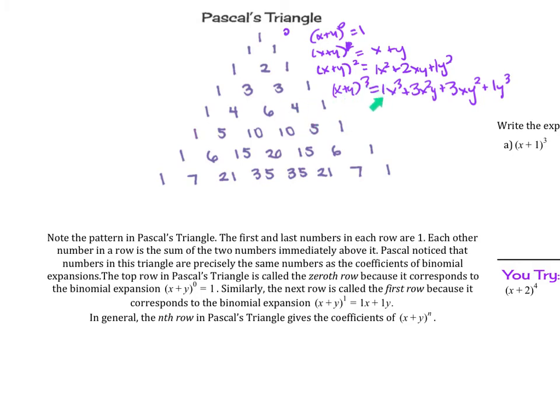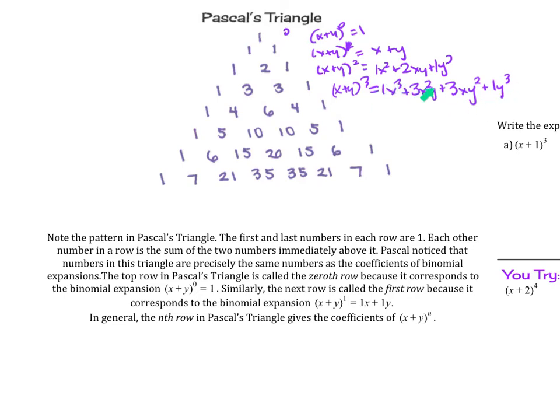And so what you notice is that the first term, the power here is the third power in the third row, and then that first value descends. So x cubed, squared, 1, and then 0, and then the y goes up. So it's y to the 0, y to the first, y to the second, and y to the third. There's many patterns to notice with this.